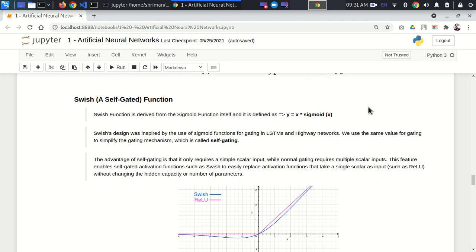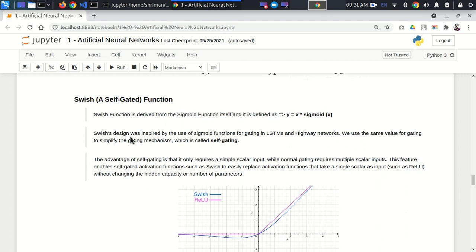Again, ReLU is also giving very good results. But if we multiply the inputs directly here, there is a huge possibility that we will get a very good kind of output. And in that case, they have defined this Swish function, a self-gated function.